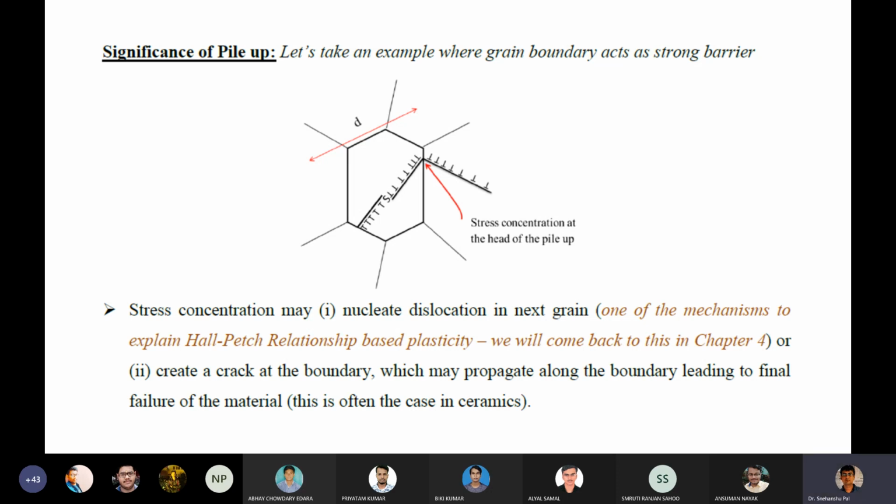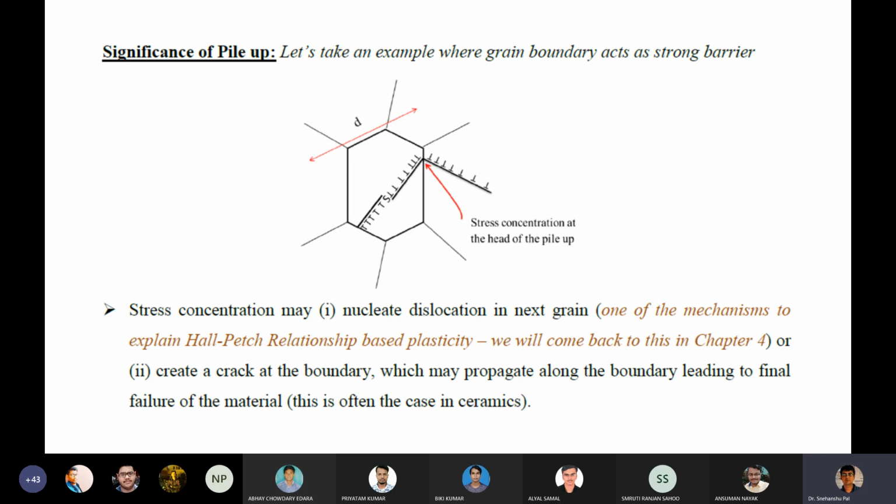If you look at that pile-up region, the stress from the pile-up may fracture the grain boundary. And I told you that it can be a basis for the Hall-Petch relationship. What is the Hall-Petch relationship?